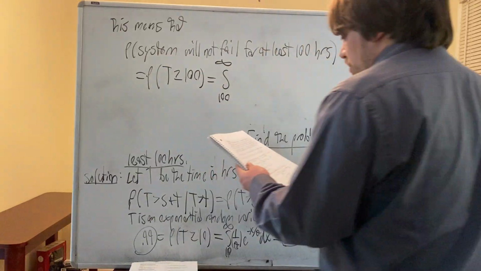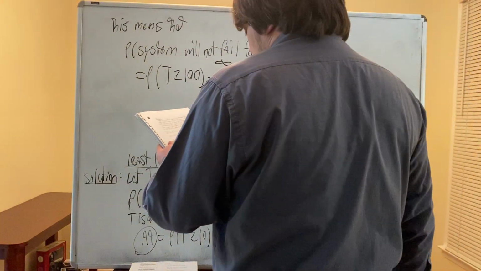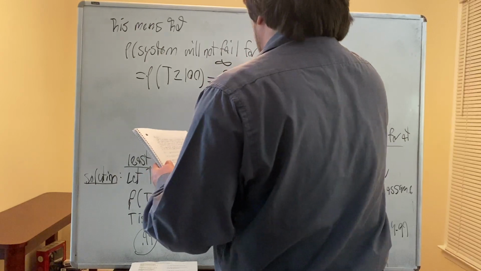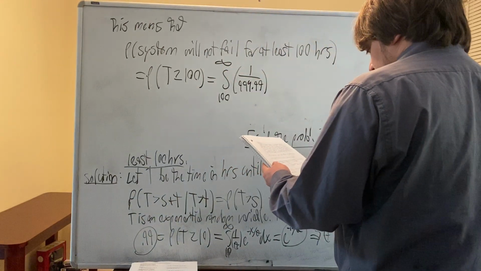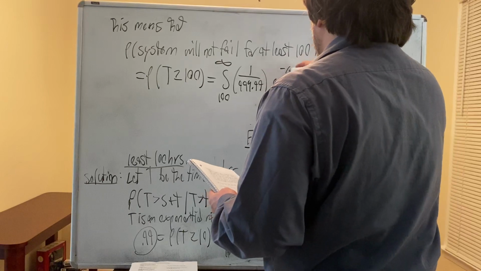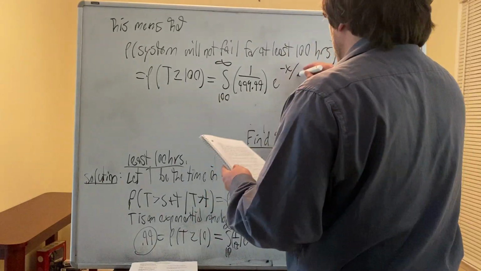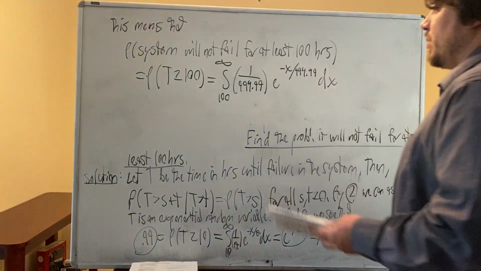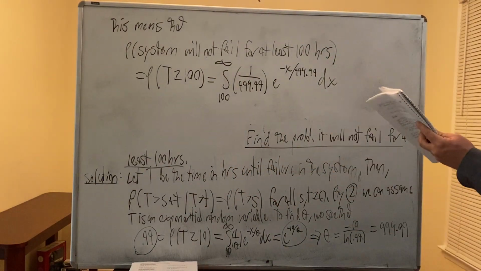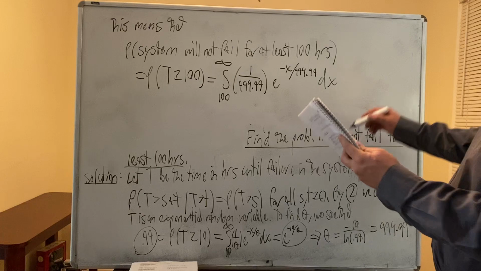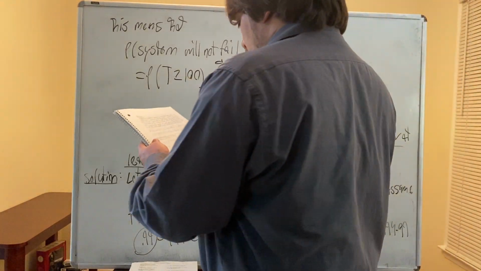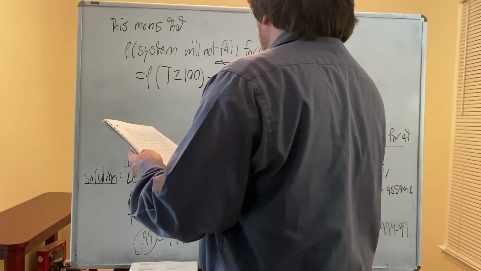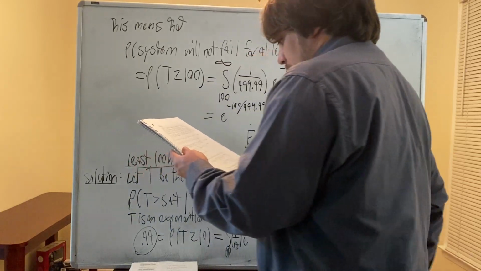And that equals the integral from 100 to infinity of 1 over 994.99 e to the negative x over 994.99 dx. And so you calculate that integral, and that's equal to e to the negative 100 over 994.99.